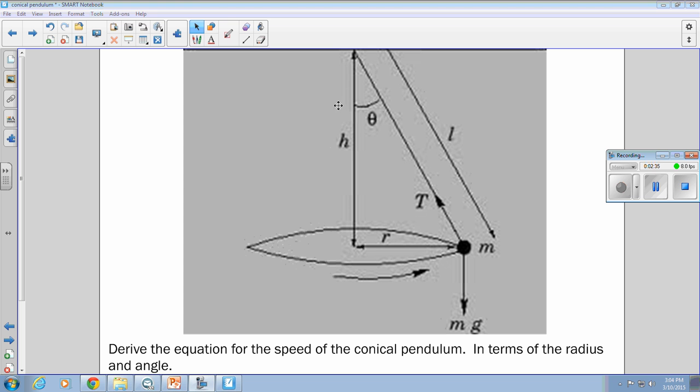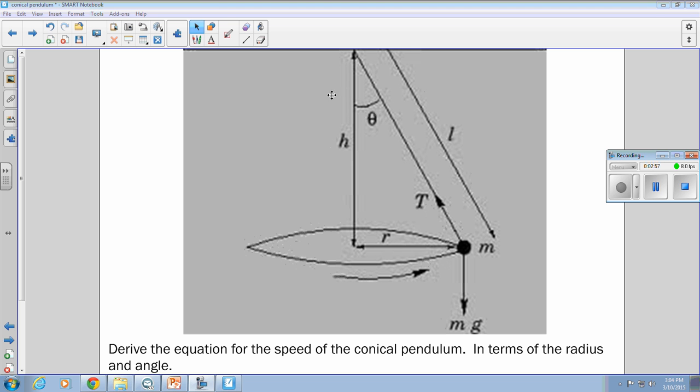A couple of other things that we can note, or dimension at least, are the length of the string that the conical pendulum is attached to, and its association with the height. And the height's going to change depending on how fast you're spinning this conical pendulum.